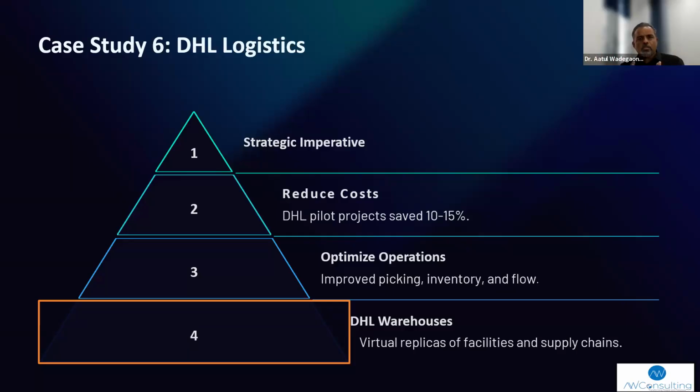Either you can cut down the cost, cut down the time, or improve the efficiency, whatever it may be. For that purpose, DHL created a digital replica of their entire supply chain for improving the picking, inventory, and the flow. They have created a virtual replica of almost every facility, warehouses, supply chain, all those things.